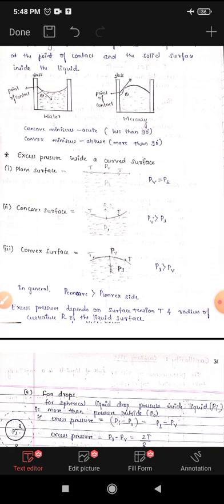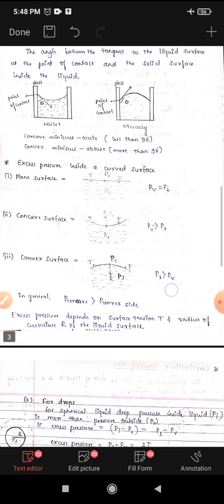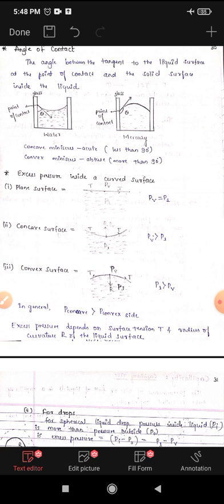And next we have the excess pressure inside a curved surface. We have seen the curved surfaces of liquids. So how much pressure is there inside those curved surfaces is what we are studying here. We have three types of surfaces: plane surface, concave surface and convex surface.